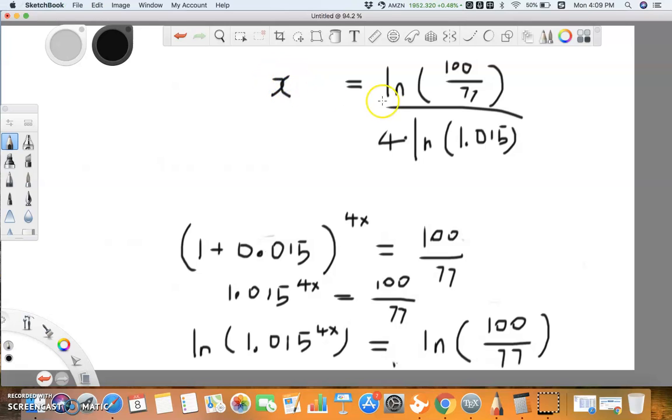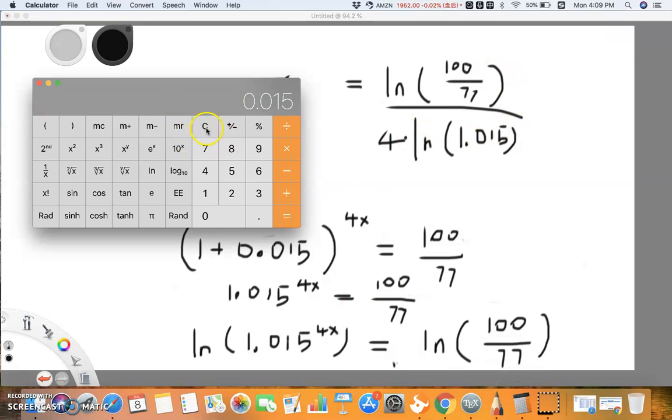Okay. So now let's compute what this number equals. So the natural log of 100 over 77, then we divide by the natural log of 1.015.